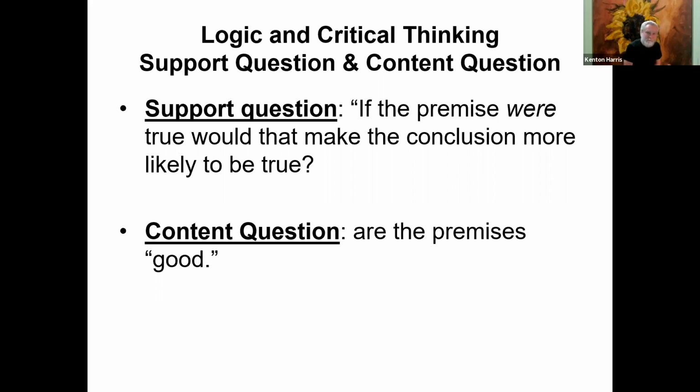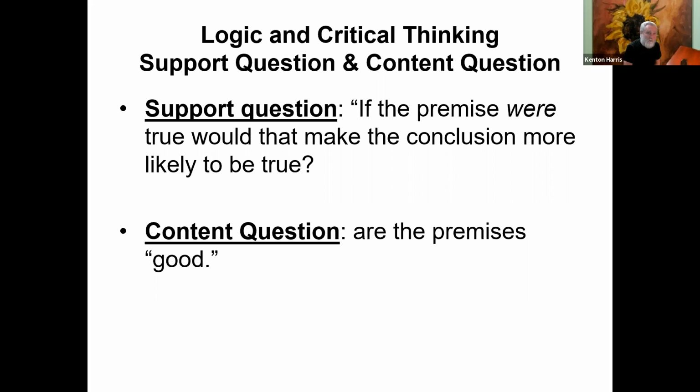Notice something else, that I phrased the question in such a way that it deals both with inductive arguments and deductive arguments, okay? So in a well-formed deductive argument, not only would the true premises make the conclusion more likely, the true premises would assure the likelihood of the truth of the conclusion.